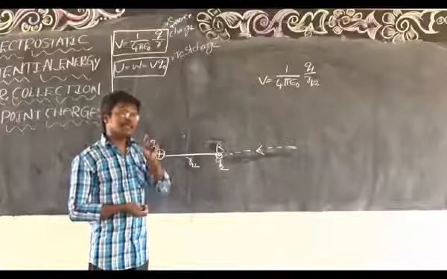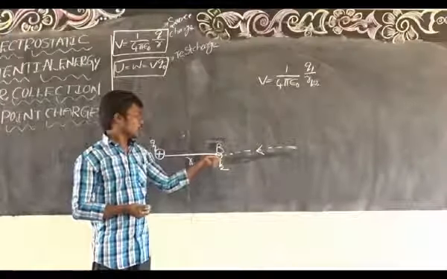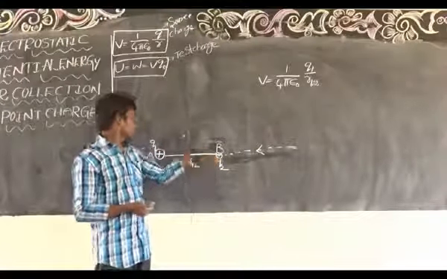What is the electrostatic potential energy at point B due to Q1?